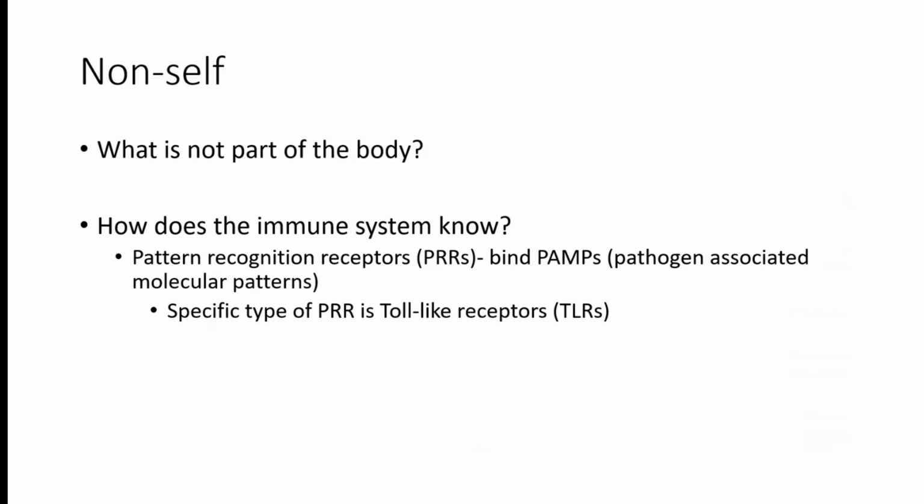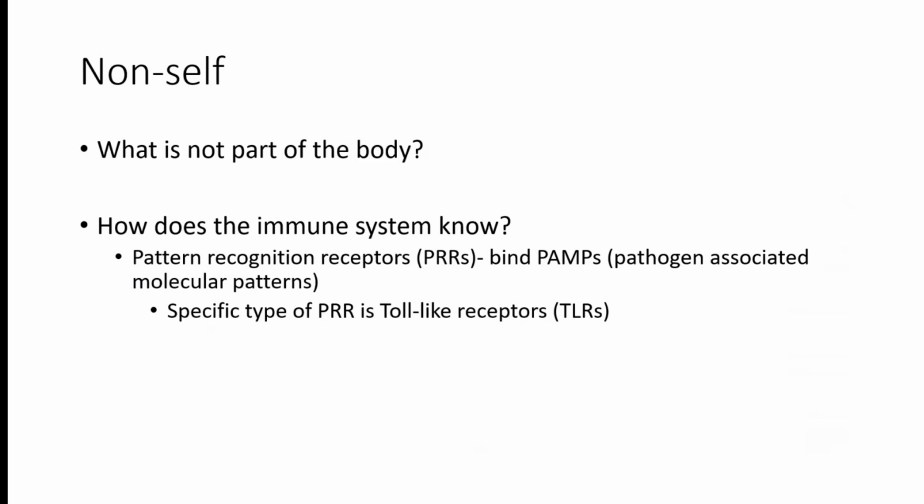All of the pathogens that we might encounter, whether they're viral or bacterial or whatever else, they possess what are called pathogen associated molecular patterns. So the bacteria have patterns. The viruses have patterns. And then the human cells have receptors for those patterns, and they're called pattern recognition receptors.